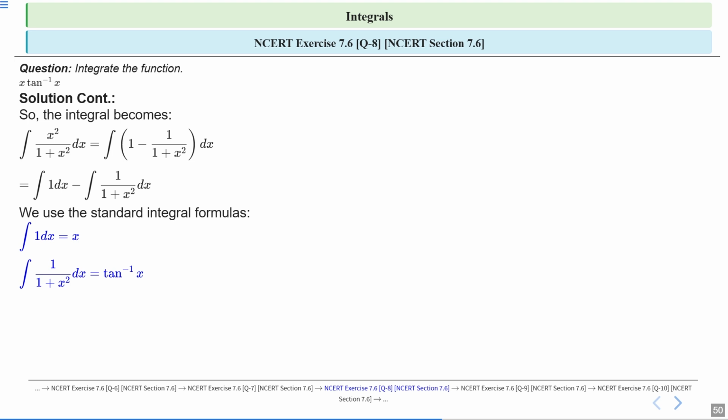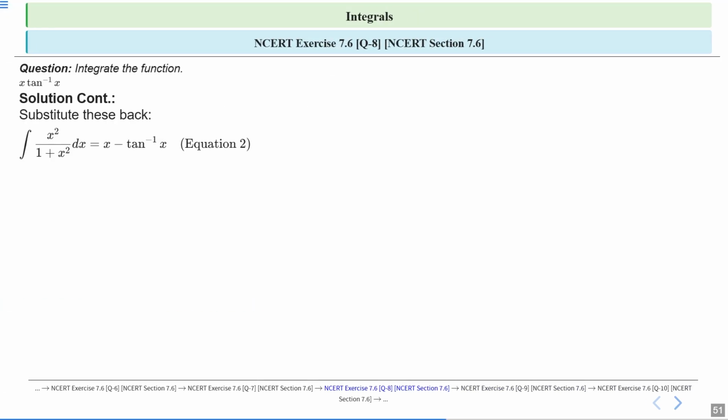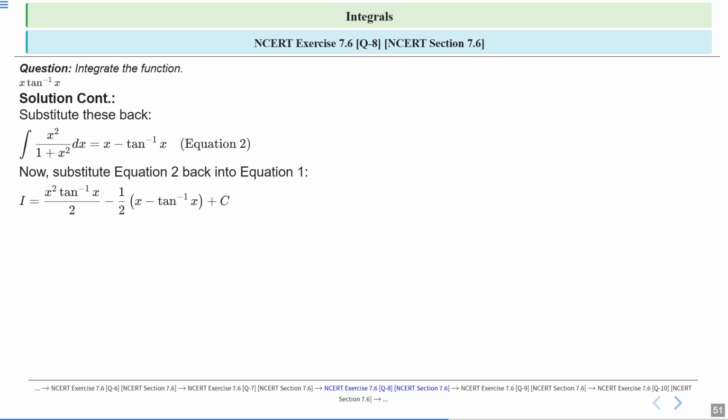So integration of 1 by 1 plus x square is tan inverse x. Substituting this back, we get integration of x square by 1 plus x square is x minus tan inverse x. So the final integral is x square tan inverse x by 2 minus 1 by 2 into x minus tan inverse x plus c.